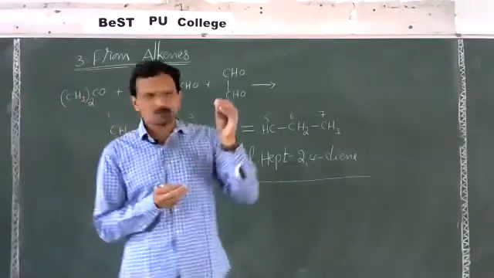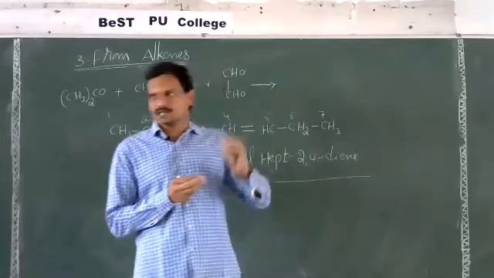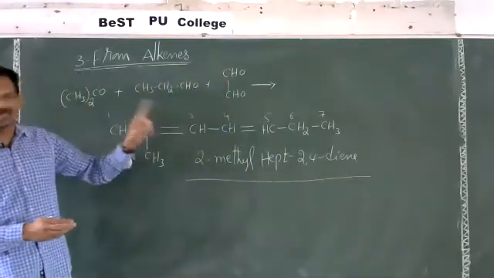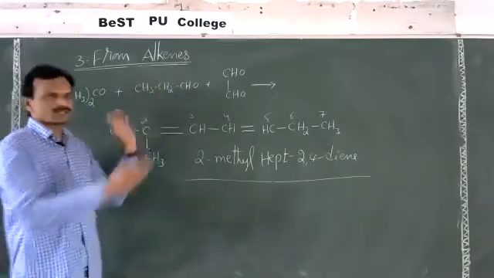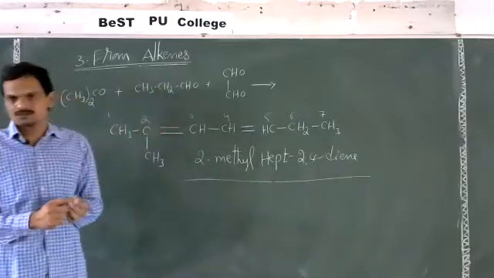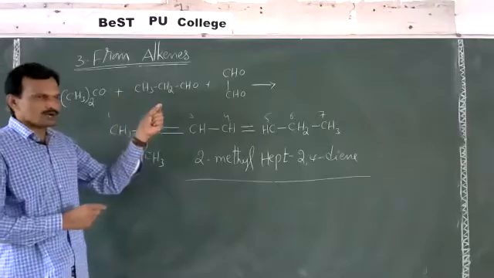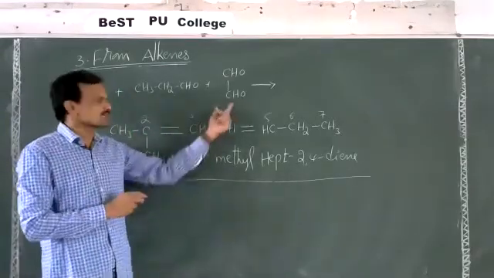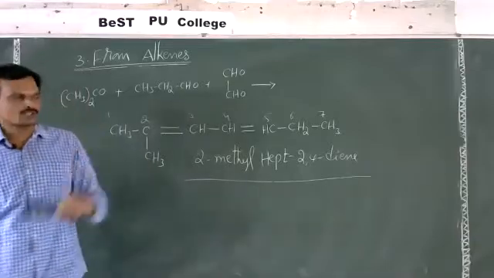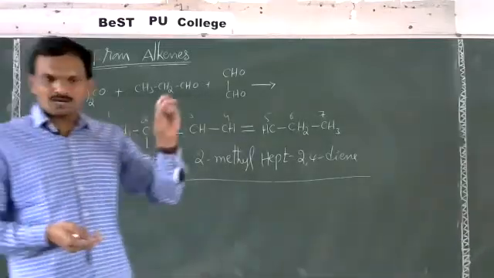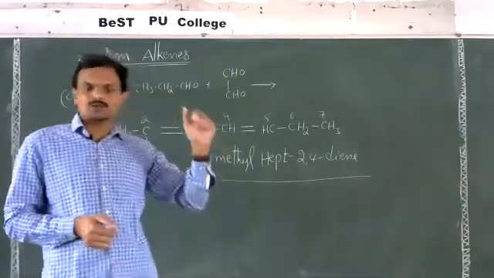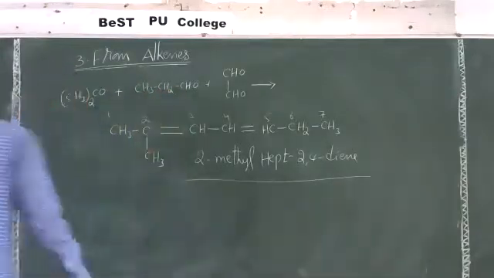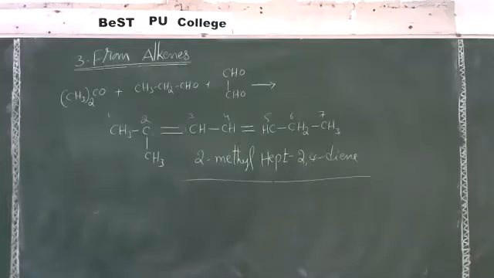Suppose they give ozonolysis products and you want to find the reactant, then write the molecules side by side in such a way that the two oxygen atoms in two molecules come at adjacent positions, and then remove the two oxygens and join the two carbons through double bond, that gives the starting alkene. So this is the preparation of aldehydes and ketones from alkenes by ozonolysis. This is the third preparation method.